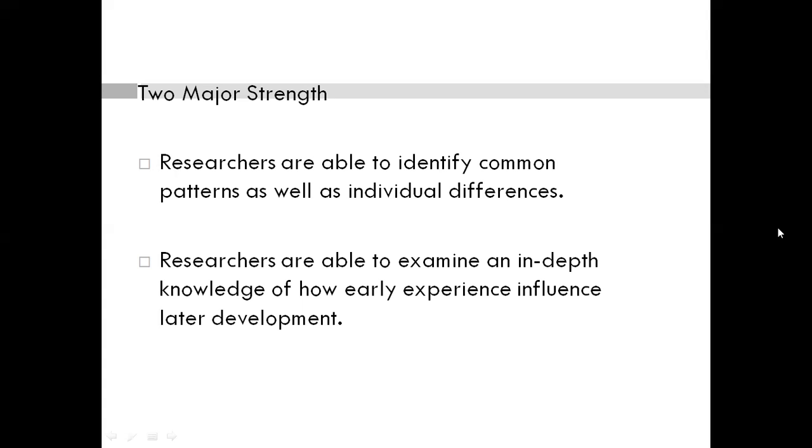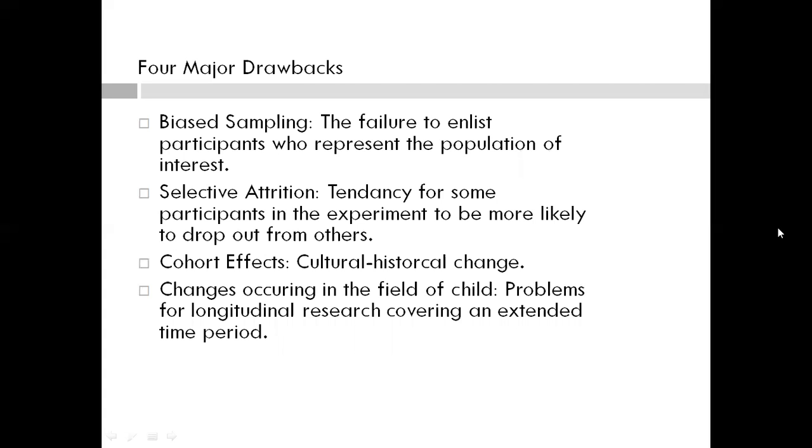And there are also drawbacks. Longitudinal studies also have weaknesses or drawbacks, which are challenges that need to be considered. Number one, biased sampling: the failure to enlist participants who represent the population of interest.